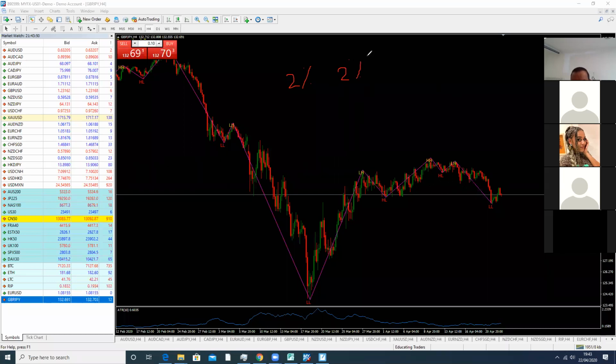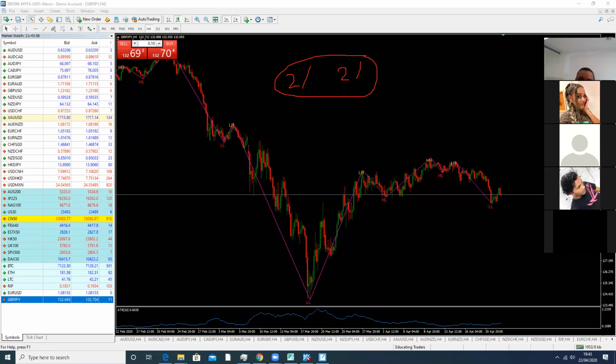Now, say the maximum amount of money that I will ever take on my account is 4%. Remember, at this time, for every single trade I was risking 1%, 1%, 1%, and 1%. That's what I was doing. So I've lost now 4%.